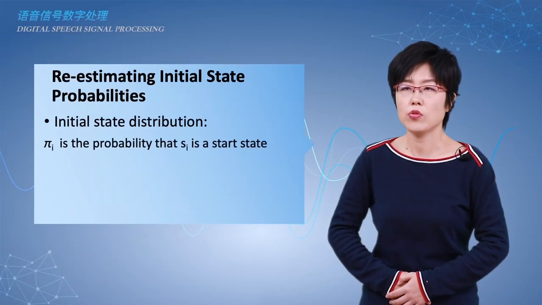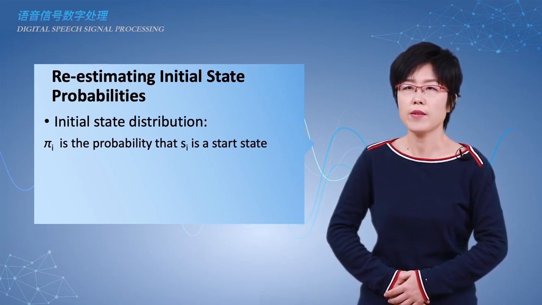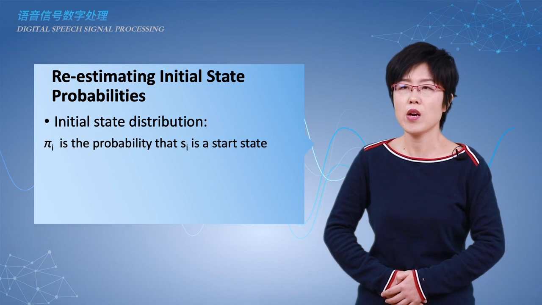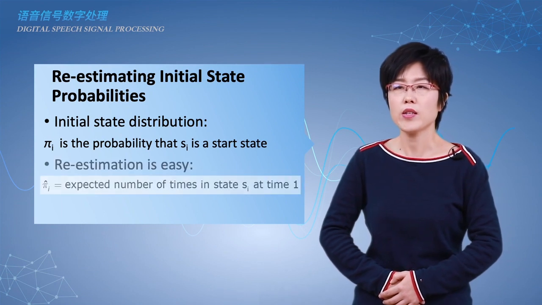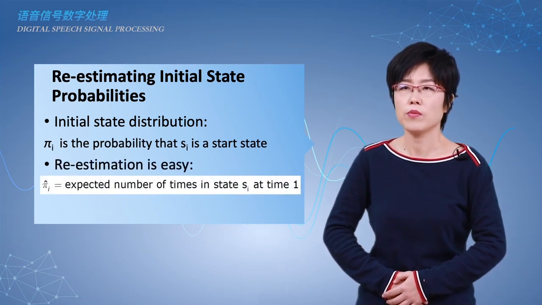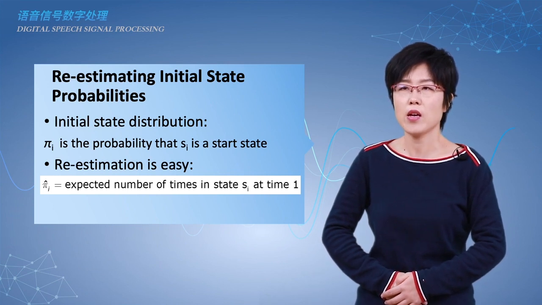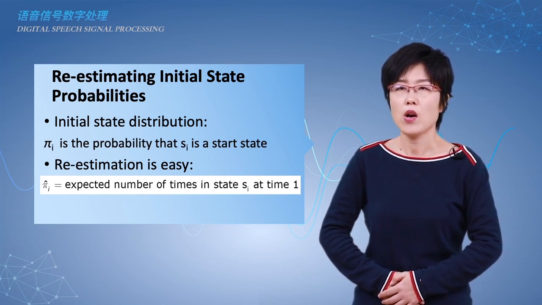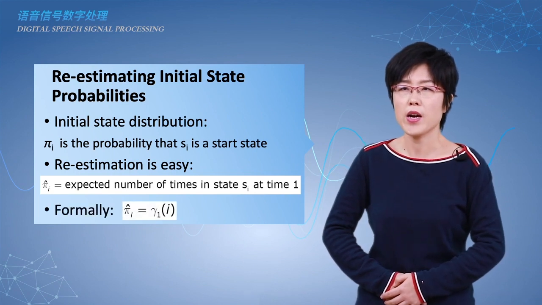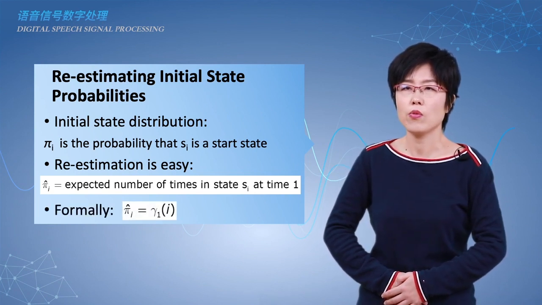Initial state distribution pi is the probability that S_i is a start state. Re-estimating the initial state probability is easily expressed as the expected number of times in state S_i at time t=1. Formally, we have pi_i equal to gamma_1(i).